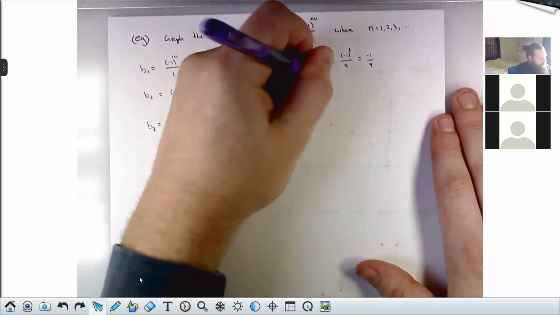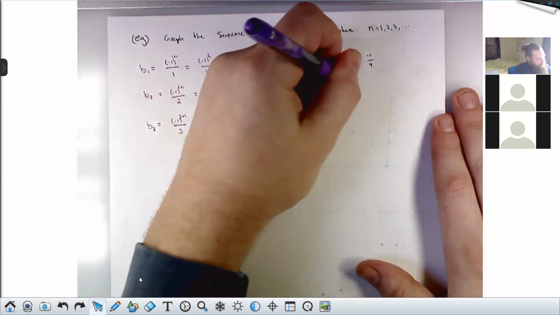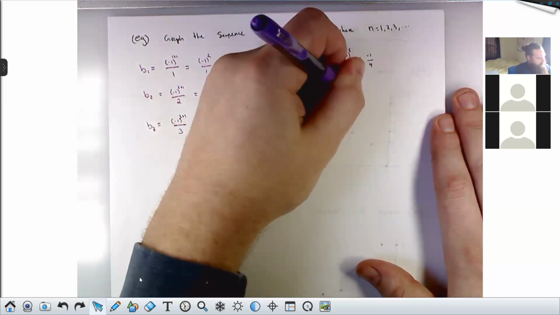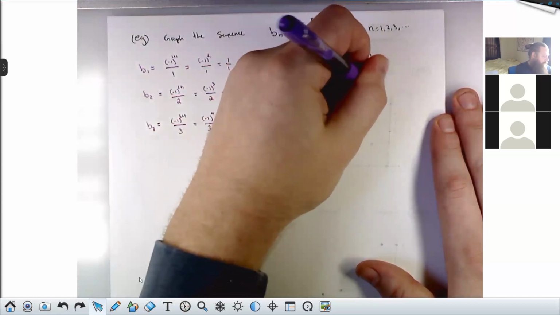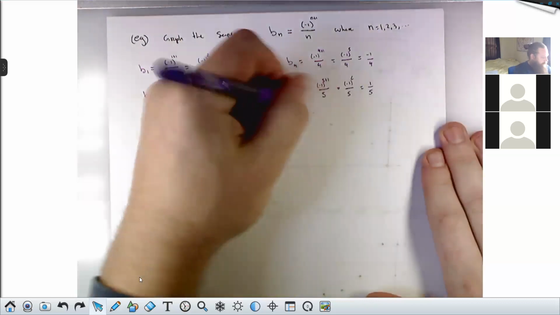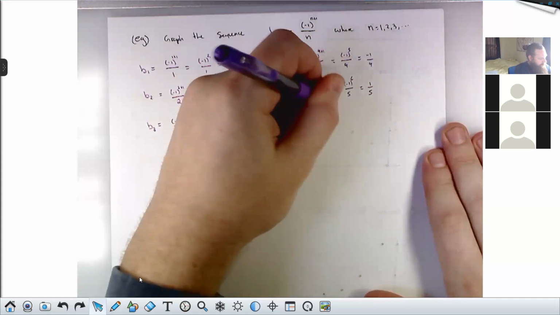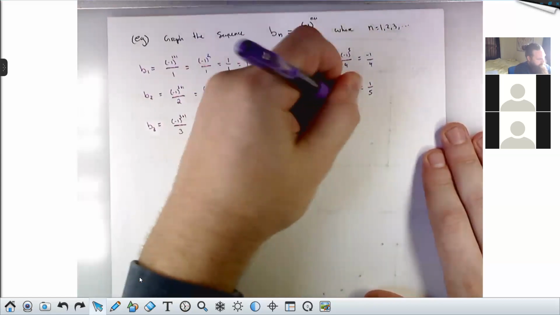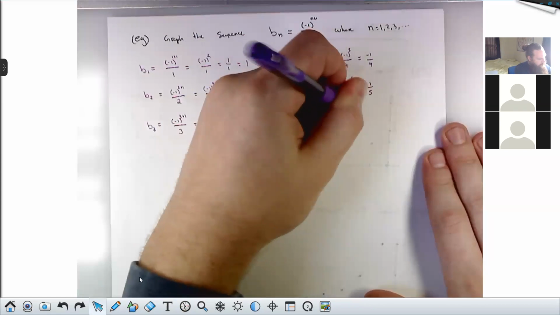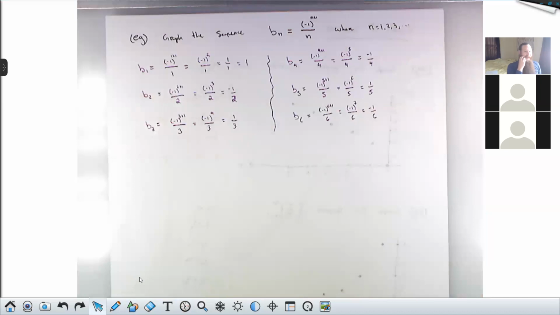This is -1 to the 5 plus 1 over 5, which is -1 to the 6 over 5, which is +1/5. I guess I've got room for b6 here. Let's do it. b6 would be -1 to the 6 plus 1 over 6, which is -1 to the 7 over 6, which is -1/6. All right, here's the first 6 terms of this sequence.